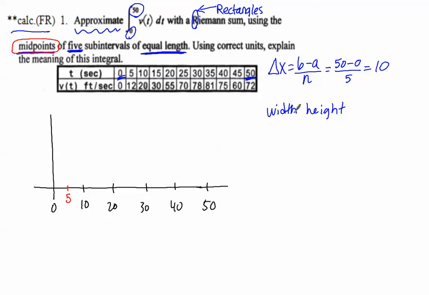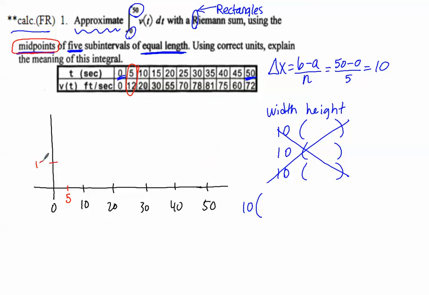Each width is 10, so 10 times a height, 10 times another height, and so on and so forth. The fast way to do it is just factor out the 10 from each of the heights. Our first height we're going to find by getting the function value that corresponds with the first midpoint. So 5 will go up to the y value 12.